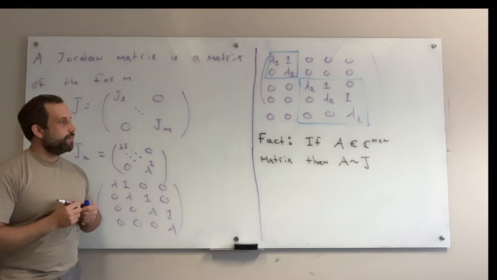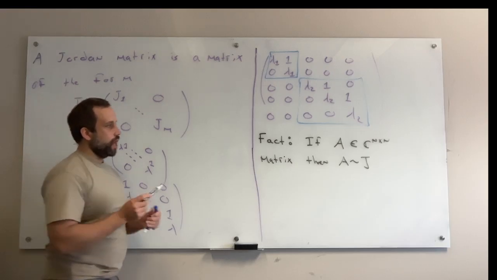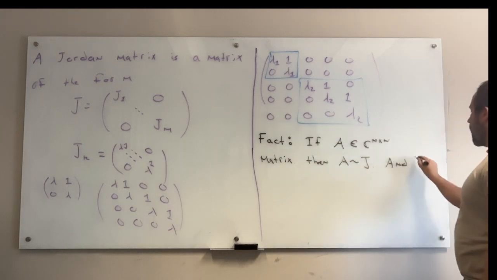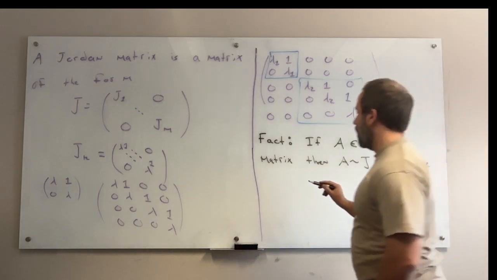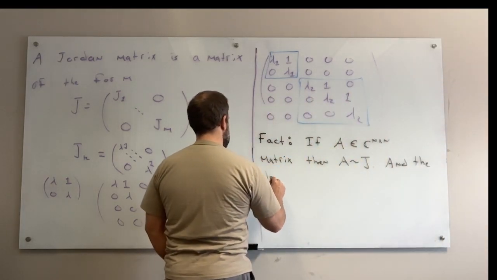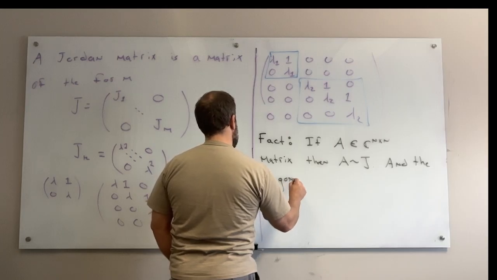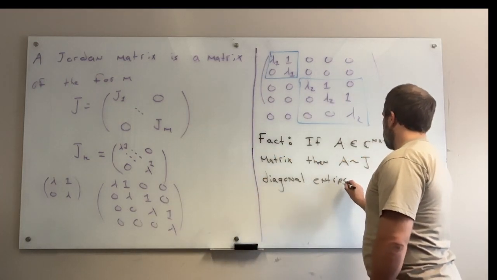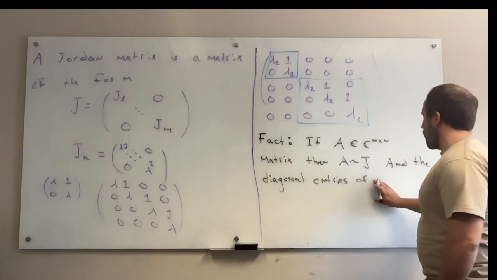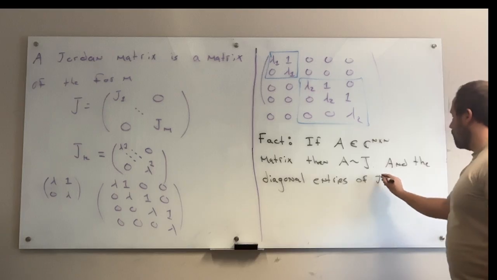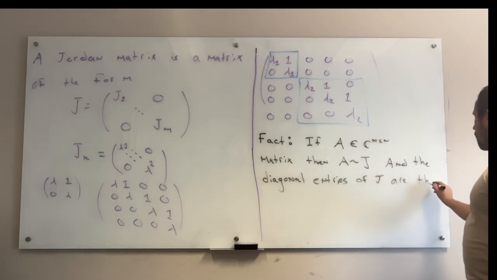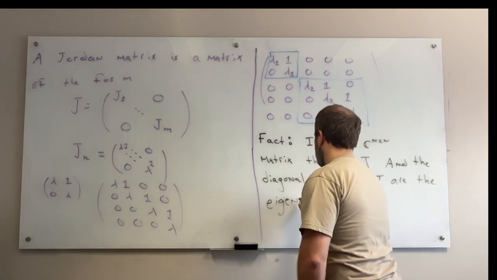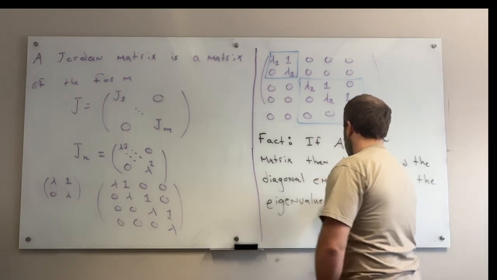If A is an n by n matrix, then it is similar to some Jordan block, and the diagonal entries of J are the eigenvalues of A.